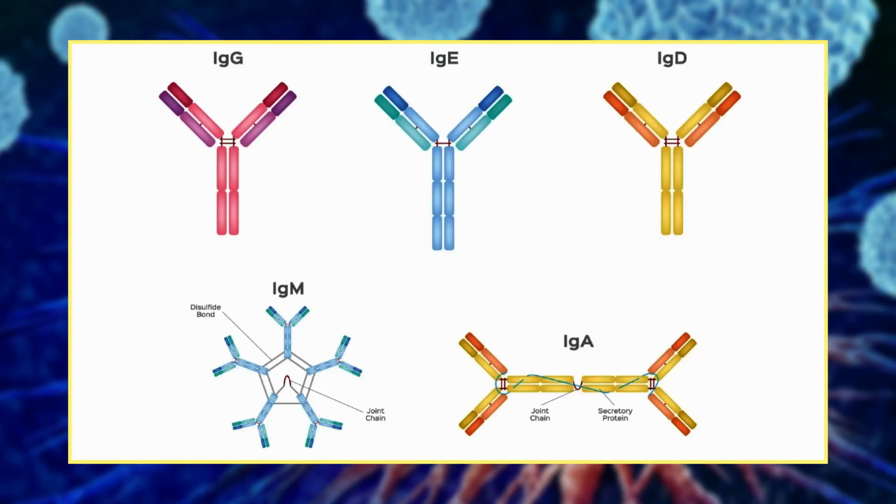B cells may act as antigen presenting cells via MHC2 and upon activation differentiate into plasma cells secreting antibodies, which are Y-shaped immunoglobulins with antigen binding Fab regions and an Fc region for immune interactions. The 5 antibody classes, IgG, IgM, IgA, IgE and IgD, perform distinct protective functions.